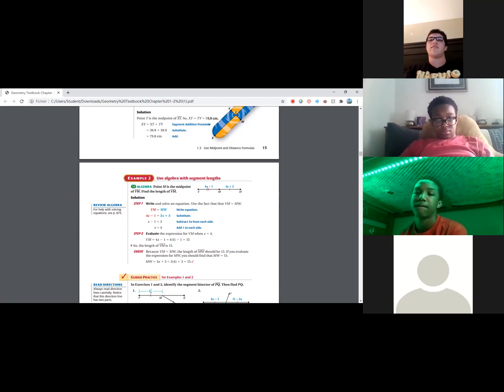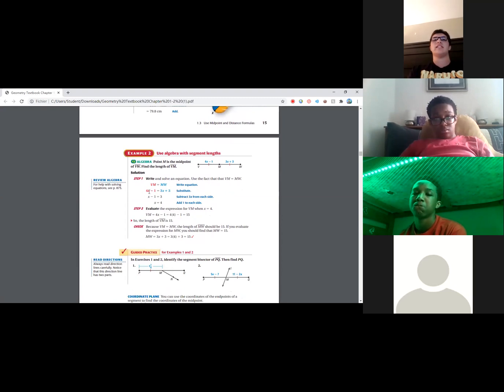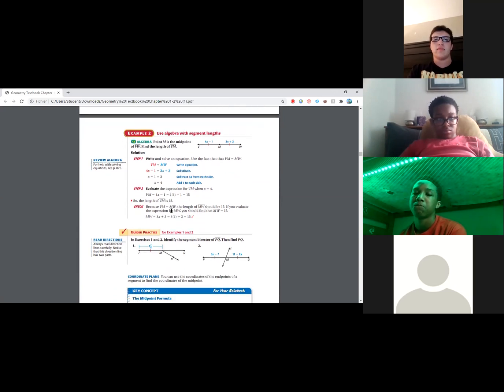So you know that 4x minus 1 is equal to 3x plus 3, since these two lines are the same length. That's actually what they do. They set it equal to each other and then solve for x. It asks you to find the length of VM, so then they just plug in x to 4x minus 1 afterwards.